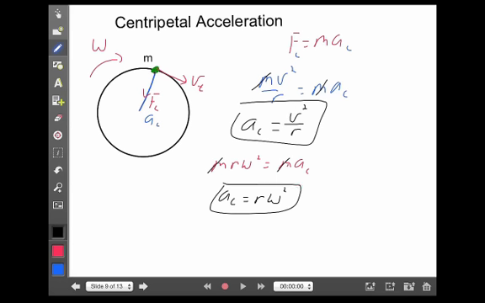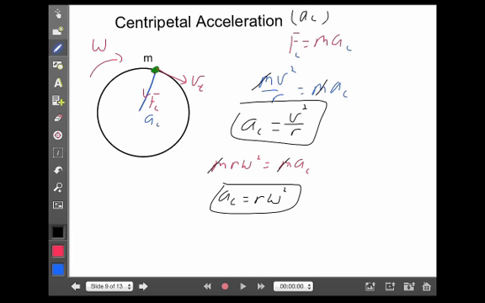Now I want you to note something very, very important, because this goes against a lot of what we ever said in linear motion. My velocity, whether it's linear or angular, could be constant. And we always said constant velocity means a zero acceleration. Well, that's true. There's no tangential acceleration. But anytime you have circular motion, you have a centripetal acceleration.